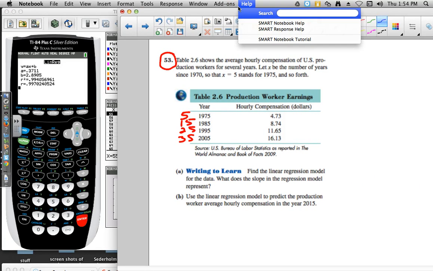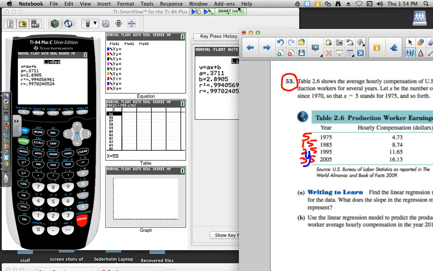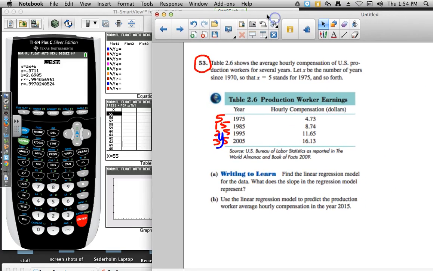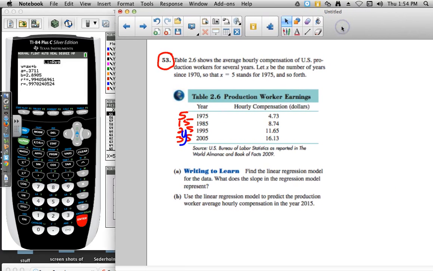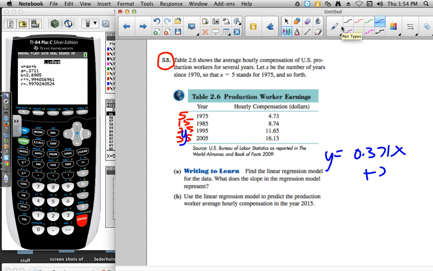So find the linear regression model. Y equals 0.371x plus 2.891. There's our linear regression model for the data. And it says, what does the slope in the regression model represent?